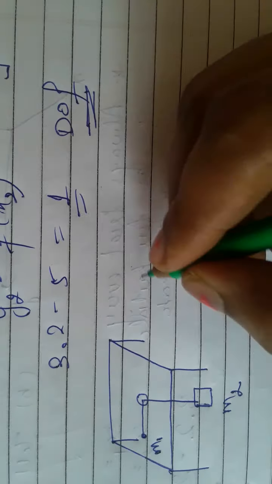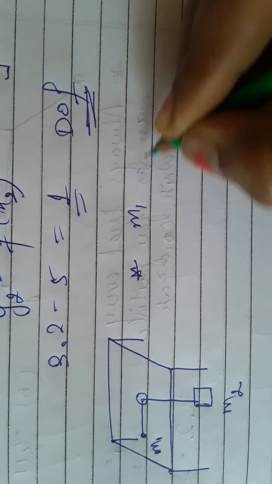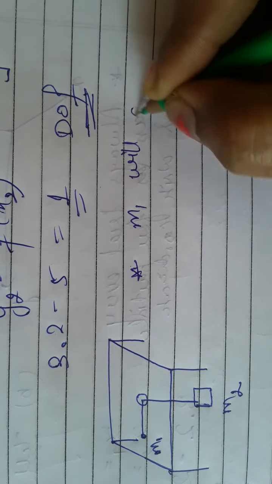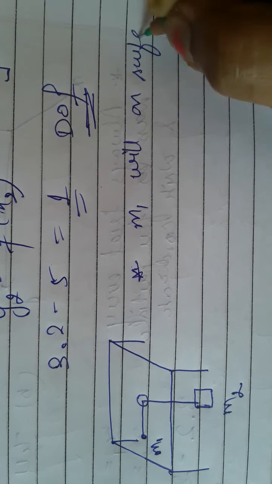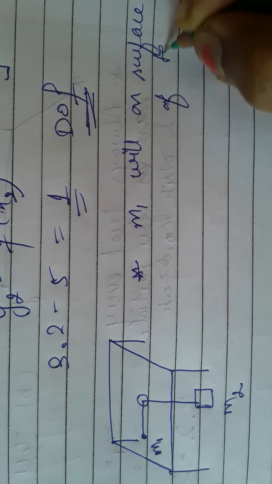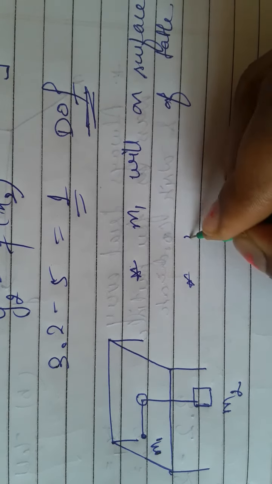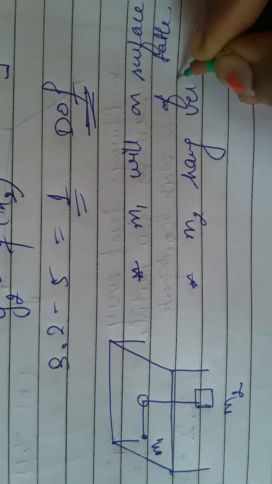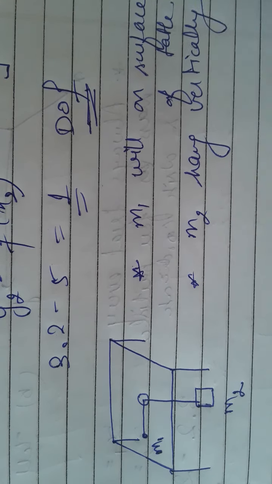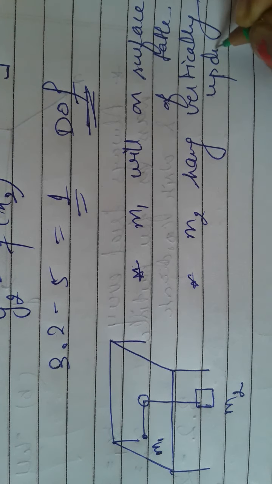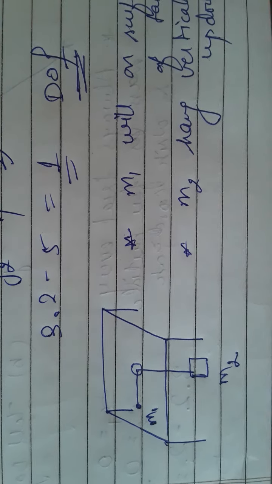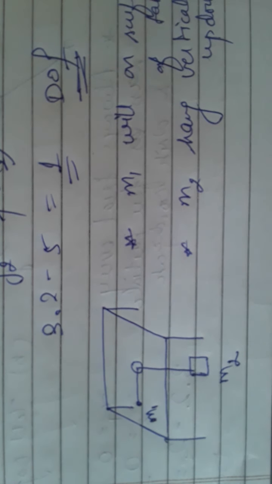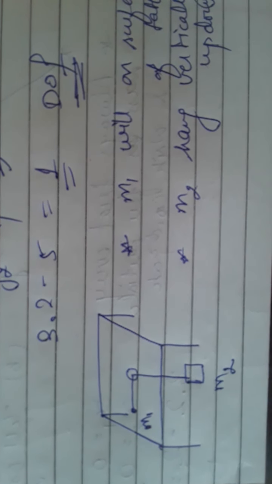The statement given, you can write: m1 mass will move on the surface of the table, and m2 mass hangs vertically, can go up and down. Tell the degree of freedom. So for degree of freedom, what do you have to write first? Equation of constraint. And how will you get the equation of constraint?